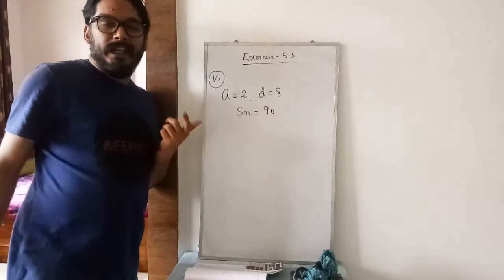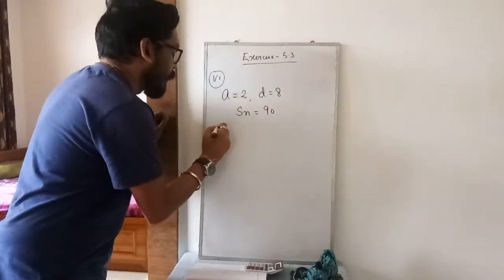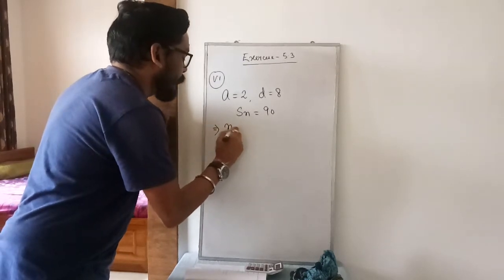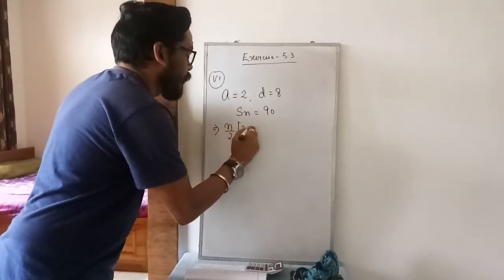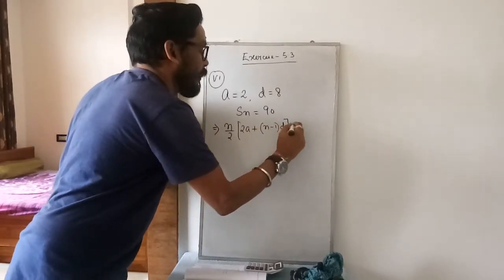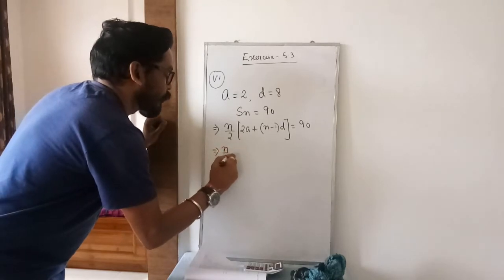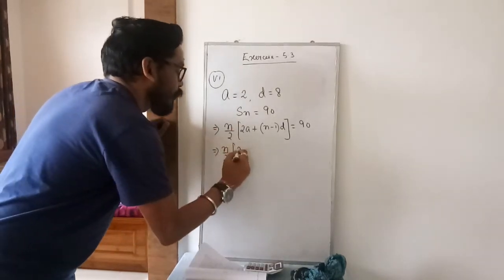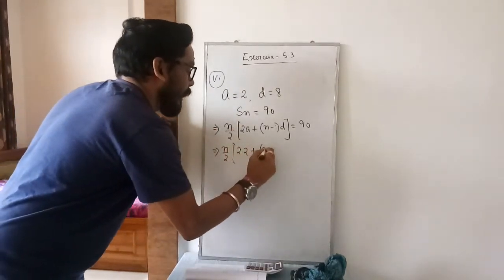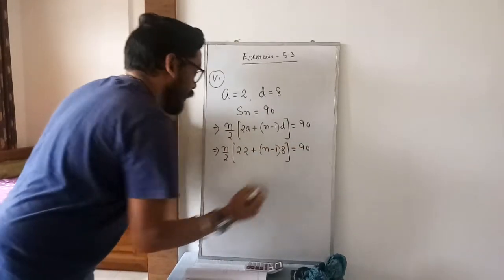Whenever a_n is given, we start from a_n; here it is S_n, so you will use S_n. S_n is n/2 into (2a plus (n minus 1) into d), equal to 90. So n/2, your a value is 2, 2 2s are 4, n minus 1, d is your 8, it is 90.